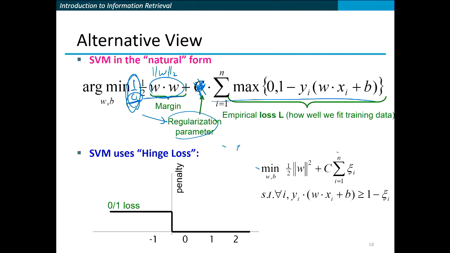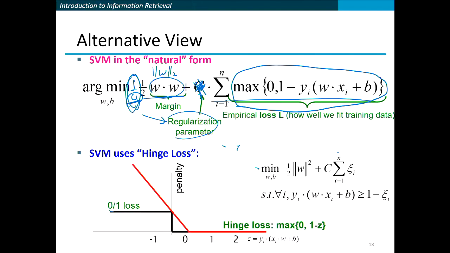Mathematically, if you read a lot of papers, this part is called the hinge loss. I won't go through the details, but essentially the hinge loss looks like this red curve, where Z is the model prediction. You can show that the final classification error is the so-called 0-1 loss.